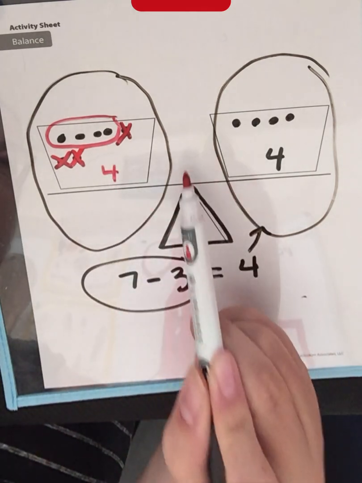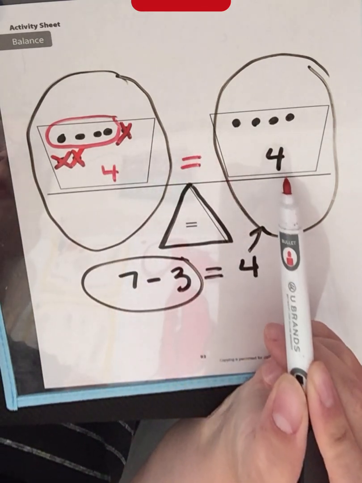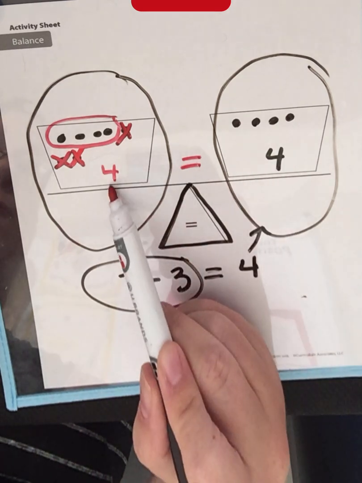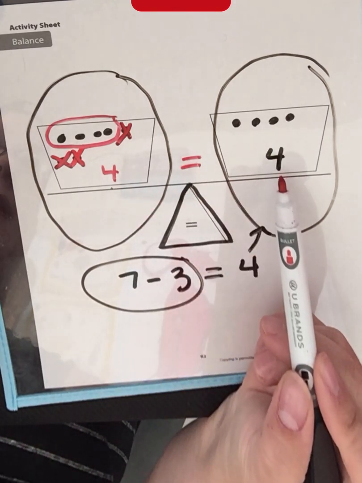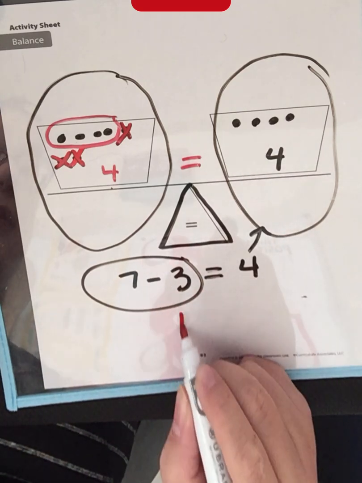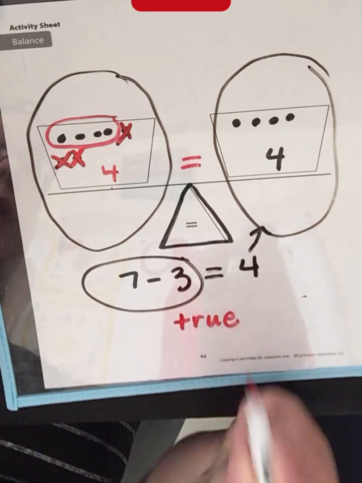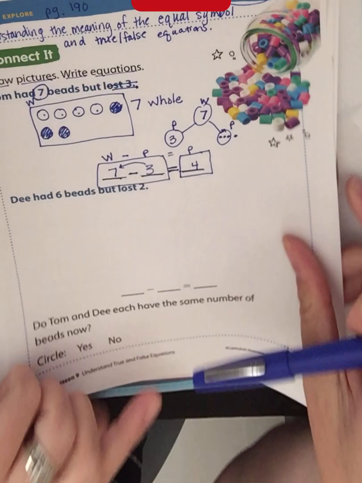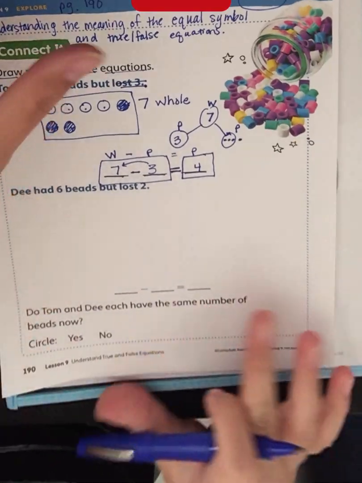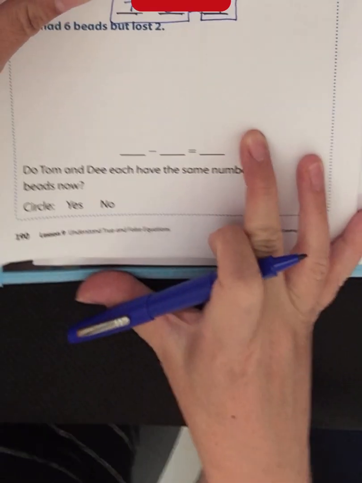Is 4 equal to 4? Is 4 the same as 4? Yes, that means that this is a true equation. Okay, so let's move on to the second part of the problem.